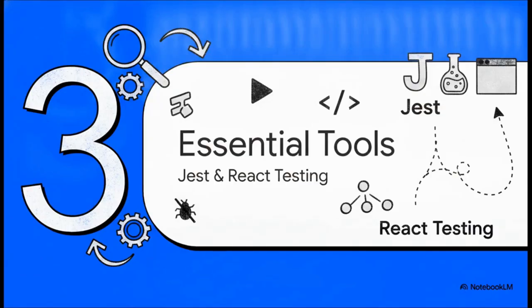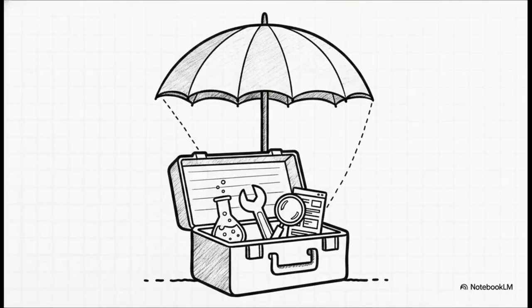Section 3. Essential developer tools, Jest and React Testing Library. When we look at the top foundational tools in our ecosystem, Jest and React Testing Library immediately stand out. And honestly, these aren't just arbitrary add-ons. They are the standard utilities that make unit and integration testing a reality in modern React development. Jest acts as our test runner and assertion library.